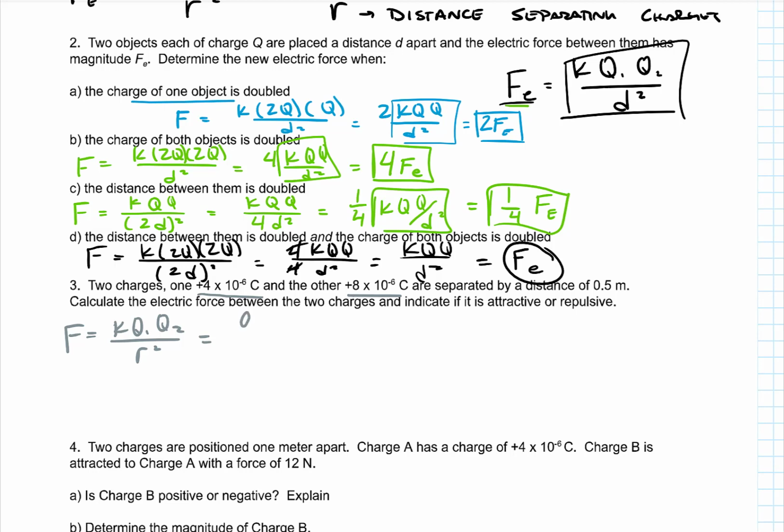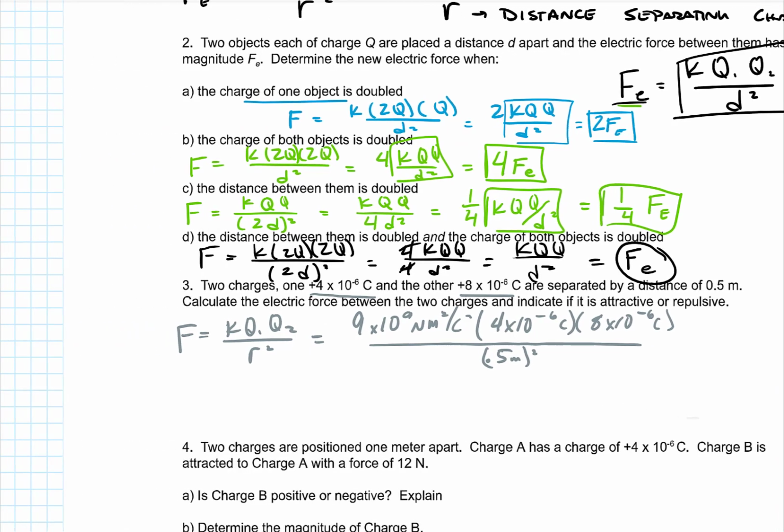So K is 9 times 10 to the 9th newton meters squared per coulomb squared, times Q1, 4 times 10 to the negative 6 coulombs, times Q2, 8 times 10 to the negative 6 coulombs, divided by the distance separating those charges, 0.5 meters, whole thing squared.